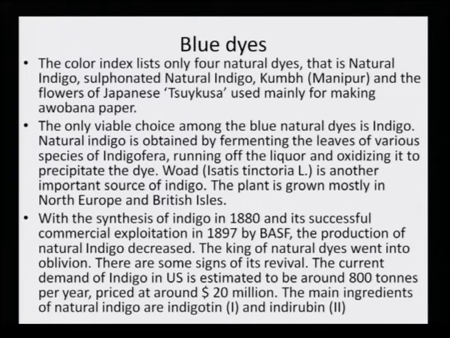Now, the structures I will show you in a while, but it is important for you to understand how important this dye is, which has been used from primitive times, because it is a very good coloring agent. But this coloring agent requires a little bit of processing on the fabric. It is not that simply the extract is taken and the fabric is dipped and it takes the color.